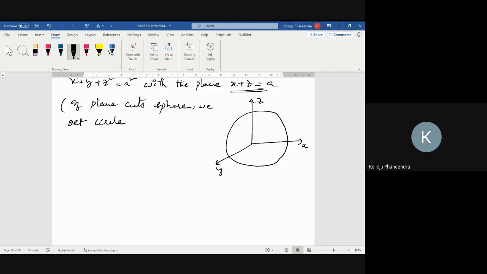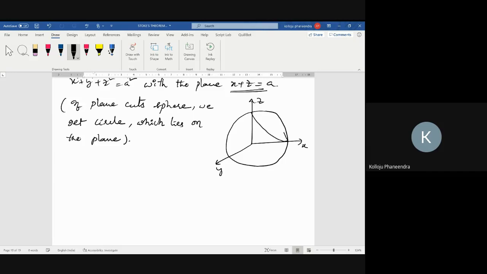For example, you take an apple, a sphere, and one knife. The knife is a plane. If you cut that sphere with the knife, the upper part is a circle. If a plane cuts a sphere, we get a circle, and this is very important, which lies on the plane. Isn't it correct?